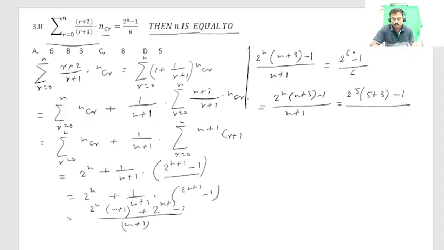This should be 2 to the power 8. This is 8. Okay, divided by 6. So here obviously 6 can be written as 5 plus 1. Comparing these two, n equals to 5 here. Also n equals to 5, that is option D, the correct answer. Okay, come to the next problem.